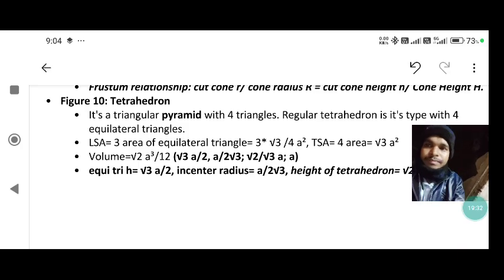The lateral surface area has three triangles, so it will be 3 into the area of an equilateral triangle. The total surface area is 4 times the area of an equilateral triangle.